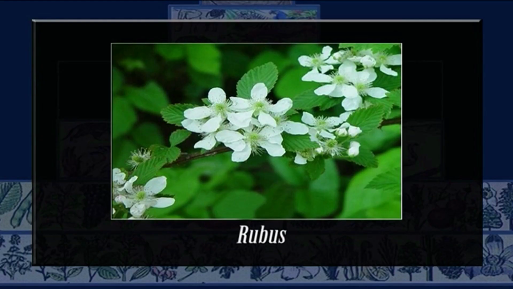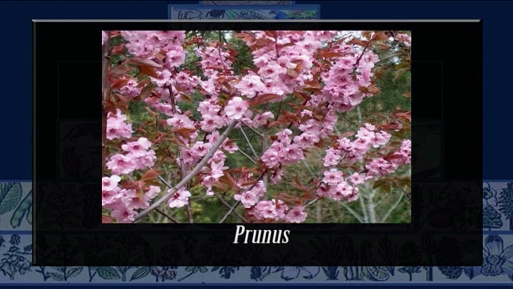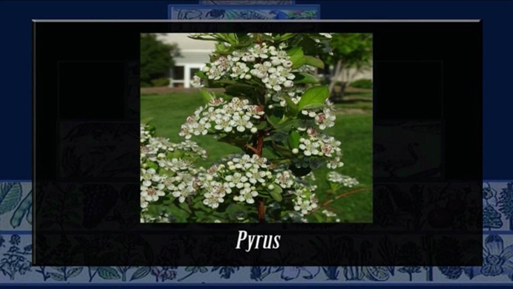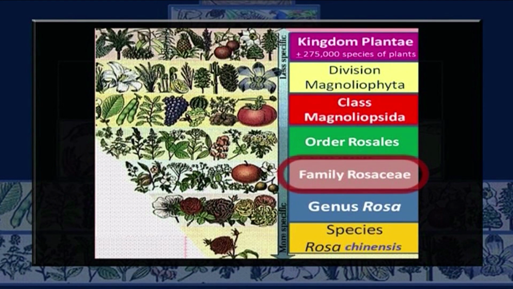Above this rank, the genus Rosa and all other related genera like Rubus, Prunus and Pyrus are grouped into a still larger taxon at a still higher rank in the taxonomic hierarchy, the rank of family, called Rosaceae. In its turn, the family Rosaceae, together with some other related families of flowering plants, is further grouped into a still larger taxon at a still higher rank called order, which in this case is Rosales.